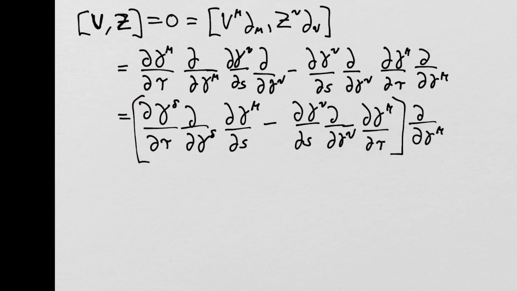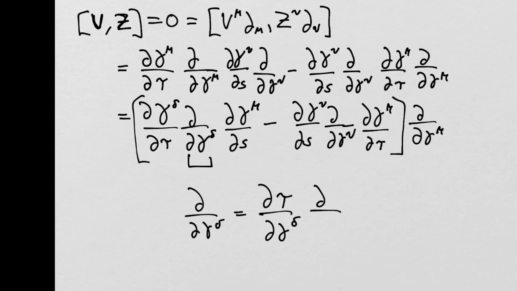To do that, I'm going to take this guy, partial with respect to gamma delta, and write it as the partial of the parameter tau with respect to gamma delta times the partial with respect to tau. It's a simple chain rule. Remember, gamma delta is a function of tau, so I can clearly do this.